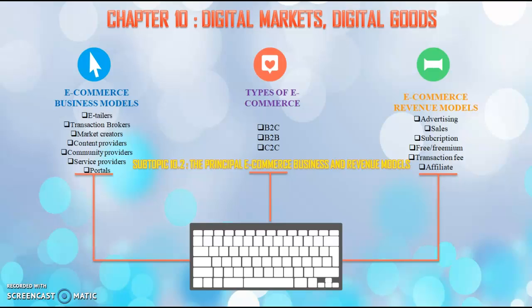Websites send visitors to other websites in return for referral fees or a percentage of revenue from resulting sales. Referral fees are also referred to as lead generation fees. For example, MyPoints makes money by connecting companies to potential customers by offering special deals to its members.